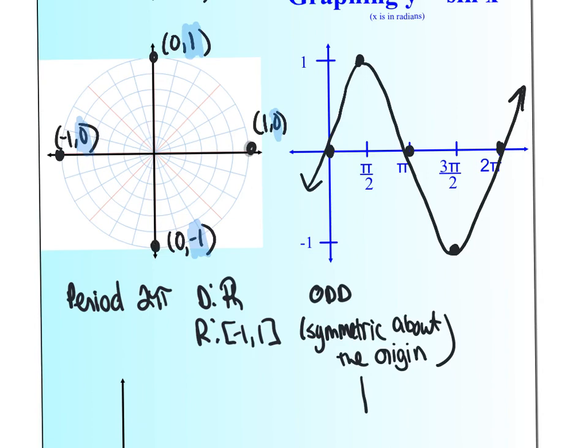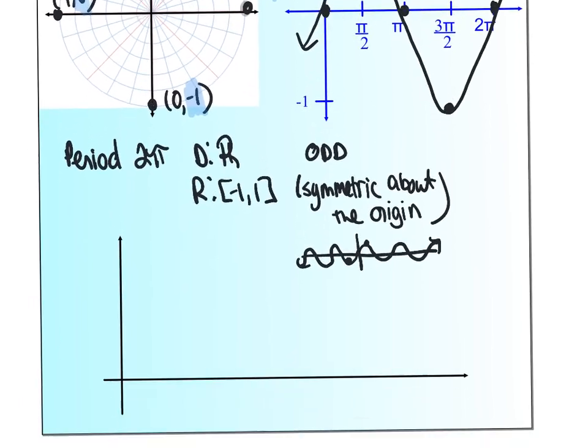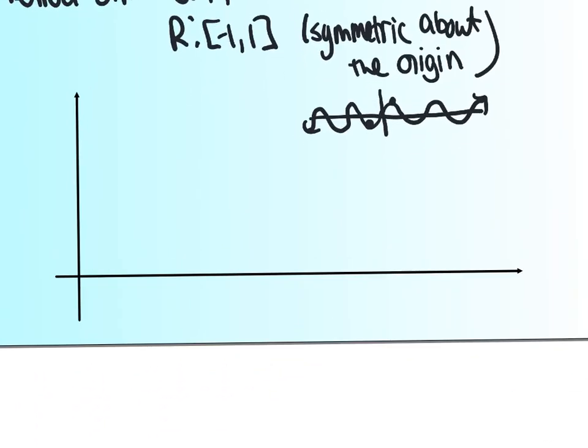If we were to graph this for more than one period, so let's pretend we are graphing for a few periods, symmetric about the origin means that this point here, where both the x and y values are positive, can also be found down here where both the x and y values are negative. Symmetric about the origin.